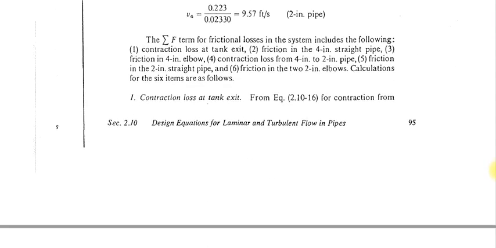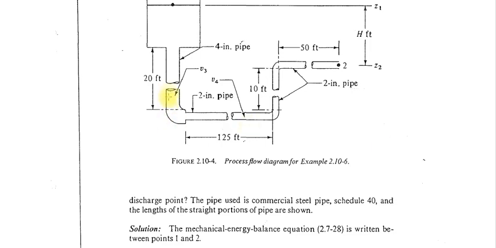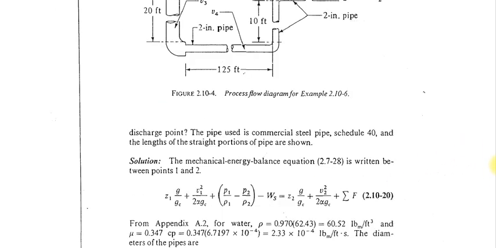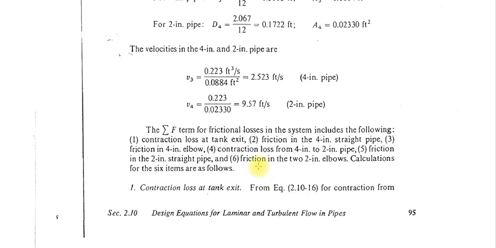Then third is friction loss in the 4-inch elbow. Here fluid is changing its direction from vertical to horizontal. So this is the 4-inch elbow, and in the 4-inch elbow you have the friction loss. Then fourth, the contraction loss from 4-inch to 2-inch.